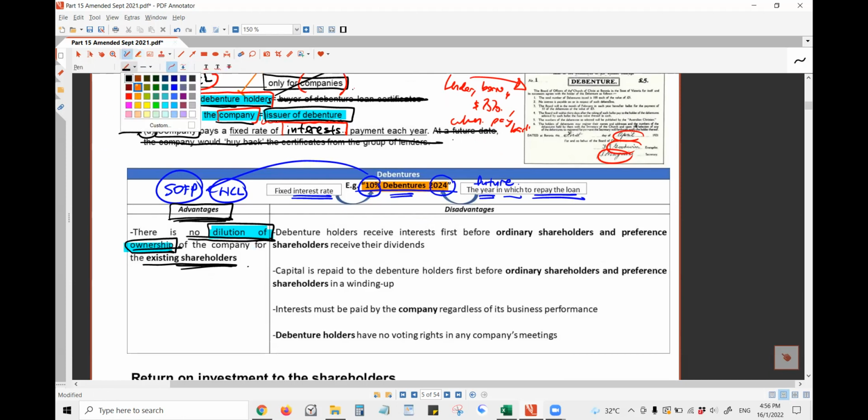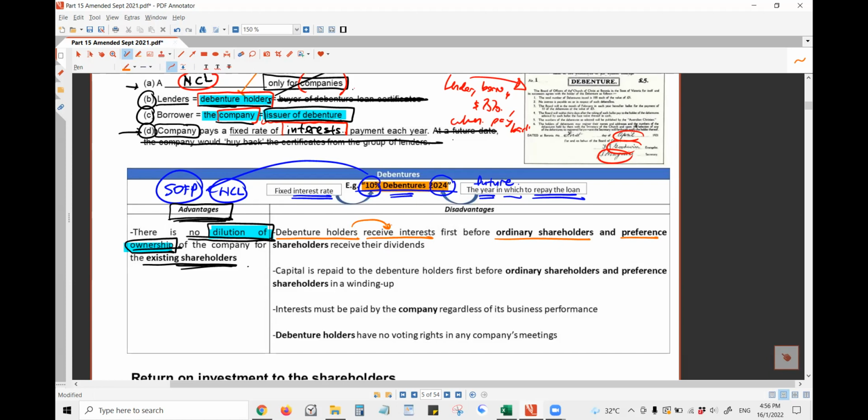Remember earlier we talked about the priority in getting the dividends. Preference shareholders would get dividends first before ordinary shareholders get their dividends. Now, let's have one more group of people known as debenture holders. What do they receive? They receive interest, because they are the lenders.